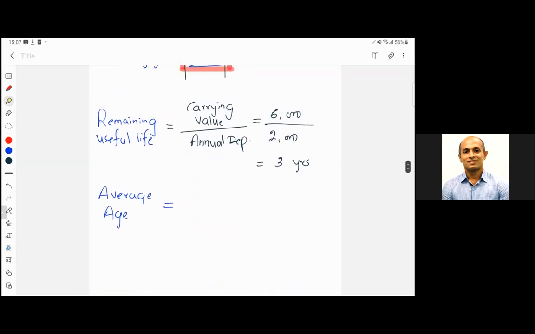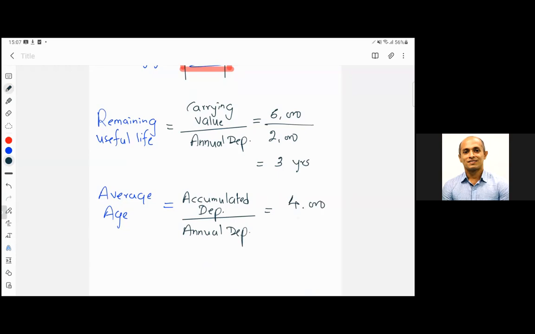Then the number of years this asset has been used equals accumulated depreciation divided by annual depreciation.